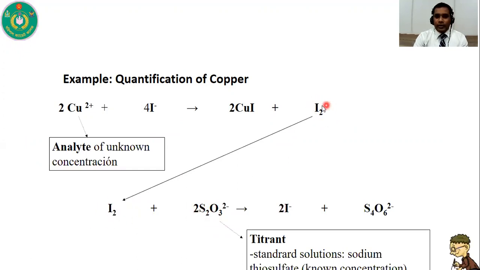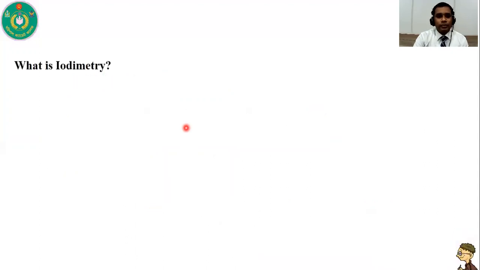And if we find out the amount of iodine, we can also find out the amount of copper 2+, that means the analyte, whose concentration is unknown. So we can say that iodometric titration is a two-step reaction, and it is an indirect process to find out the concentration.